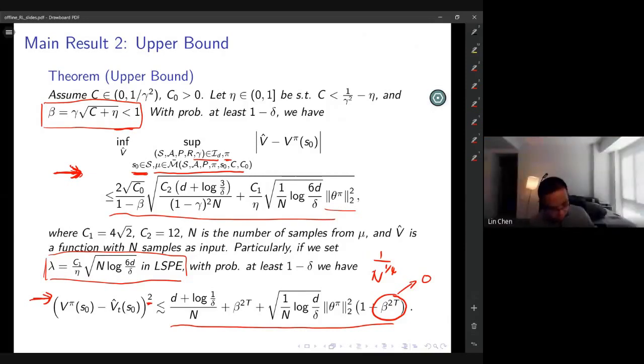Yeah, great question. To be honest, I haven't thought about that, but it's a super interesting direction, and I believe that there is something in between, and maybe we can interpolate these two extremes.